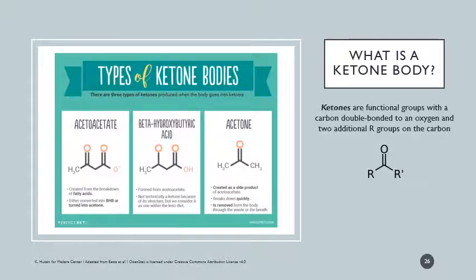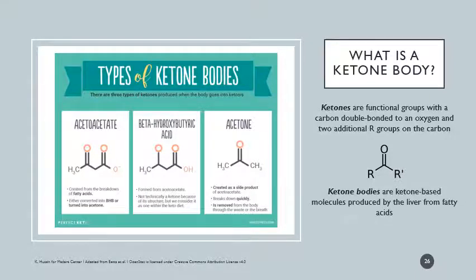We're just implying them when two lines come together. Here we have a carbon that is double bonded to an oxygen, and then there's two additional R groups. Carbon is able to form 4 bonds. We have 2 of them going to oxygen, 1 to the first R group, another to the other R group. These residual groups are unique, changeable structures. That's the basis of a ketone.